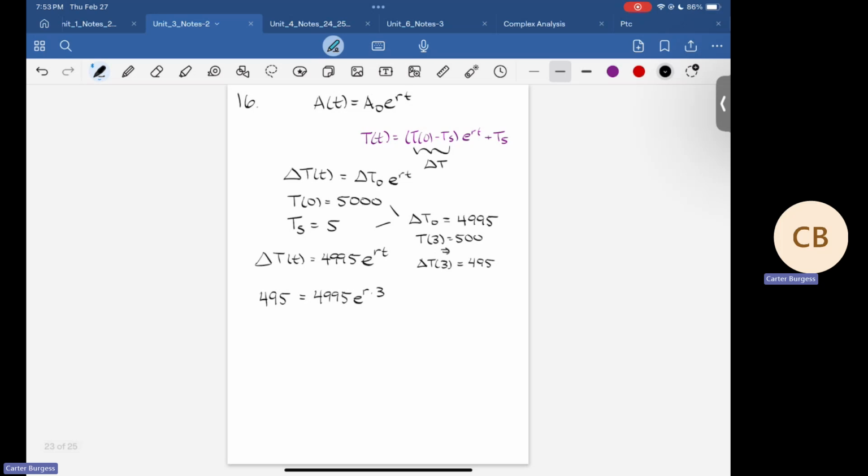Solving for r, dividing both sides, I get that 495 over 4995 is equal to e to the r times 3. Rewriting as a logarithm and then dividing by 3. We've done this a lot, so I'm condensing a couple of steps here.